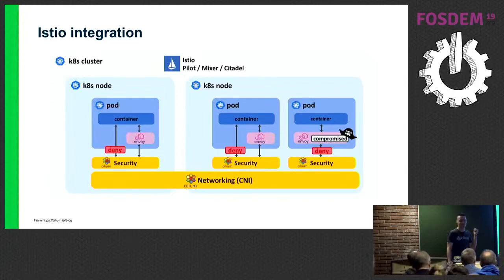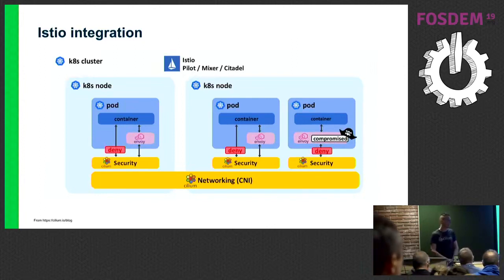Unfortunately, my talk is very short, so I will not be able to introduce the whole concept of Envoy and Istio in detail, but in general, Envoy is a sidecar L7 proxy, which is used to redirect traffic between services on the L7 layer, and it's commonly used in Kubernetes.